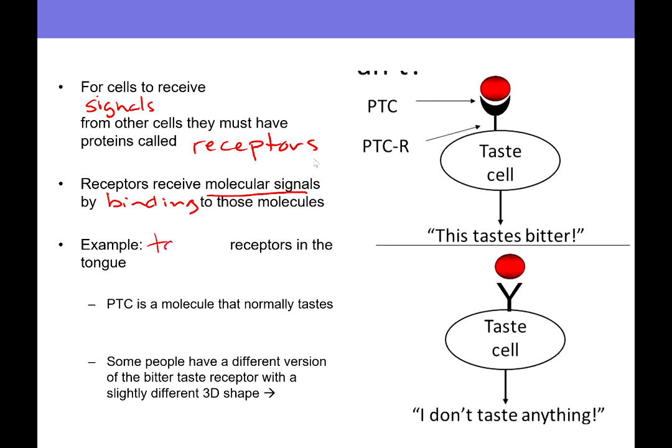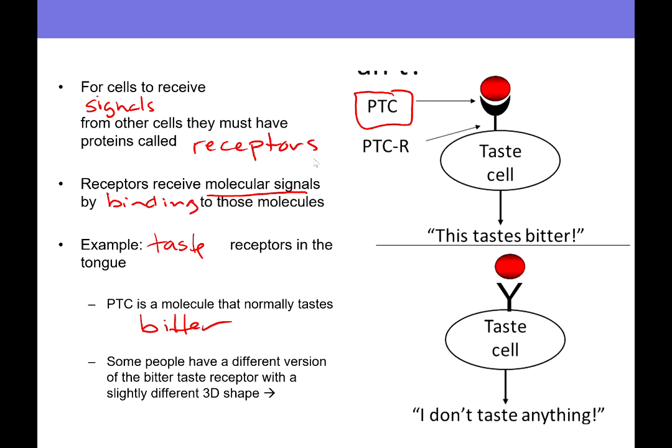And a big example here are the taste receptors in the tongue. And remember, we have salty, sweet, bitter, umami, etc. So PTC here, which stands for something really long, phenylthiocarbamide, is a molecule that normally tastes bitter.